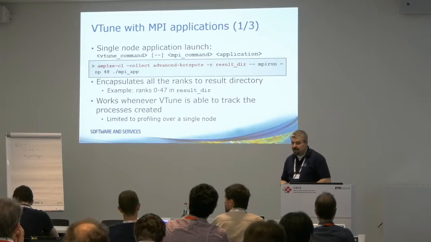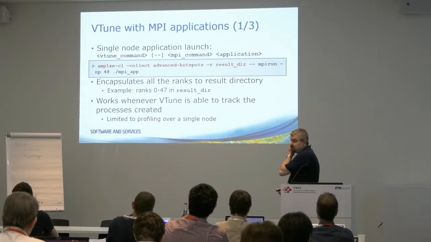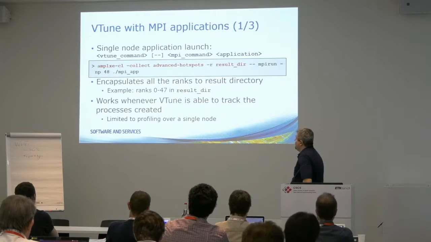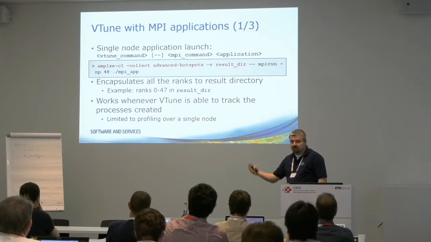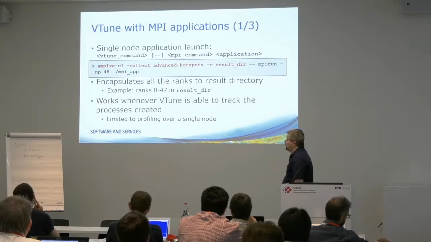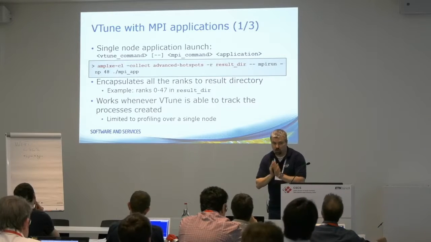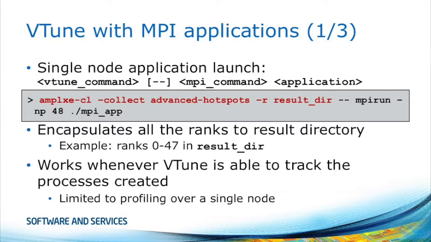Okay, now I said I don't want to bother you with too many application command lines, but basically I'm going to show you just a little bit how it interacts with MPI. Again, VTune is an analyzer for a single node. What you can do is you now have different ways of running the tool, right?